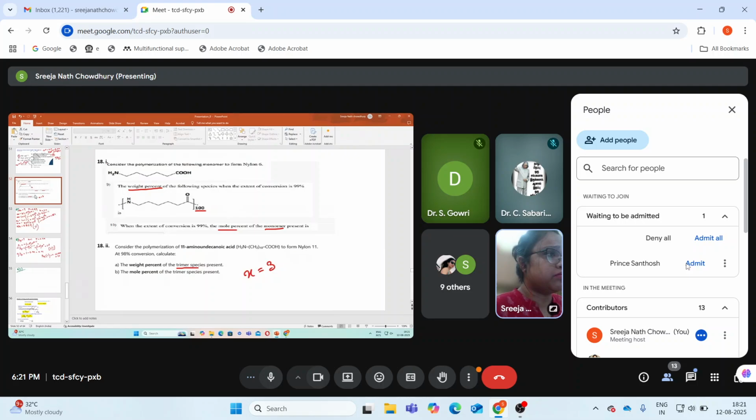So it will be 0.98 to the power x minus 1, that is 3 minus 1, and nx by n equals, and it will become 1.92%.